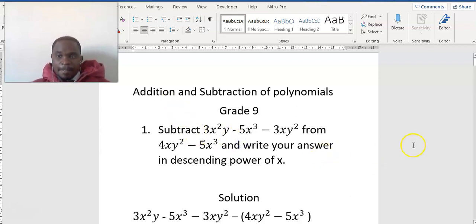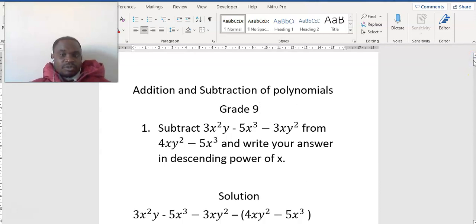So let's start with the first question, which says subtract this one, 3x squared y minus 5x to the power 3 minus 3xy squared, from 4xy squared minus 5x to the power 3, and write your answer in descending power of x.